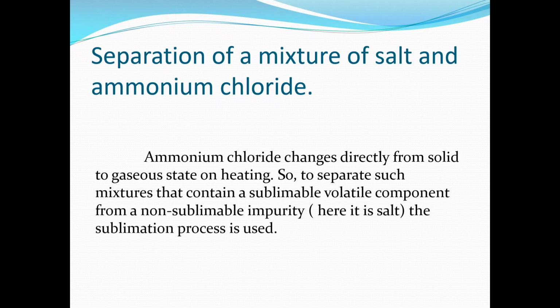While learning sublimation, melting, evaporation and fusion, we saw that some substances get sublimed, that is, they change directly from solid to vapor state without becoming liquid. We gave the example of ammonium chloride for the process of sublimation. That is, ammonium chloride changes directly from the solid state into vapor without changing into liquid state. This principle we will apply in order to separate the salt from ammonium chloride.